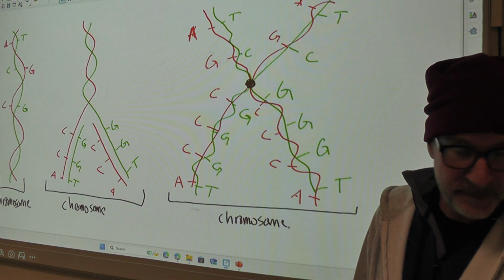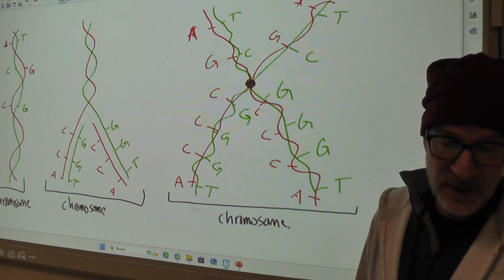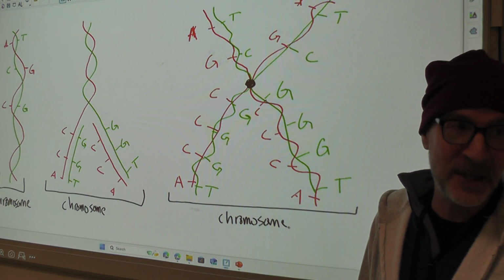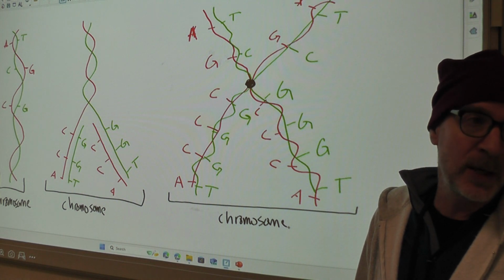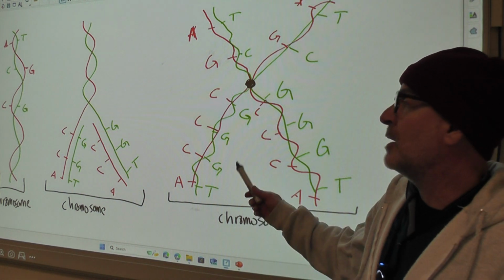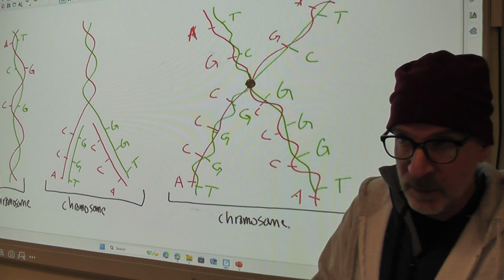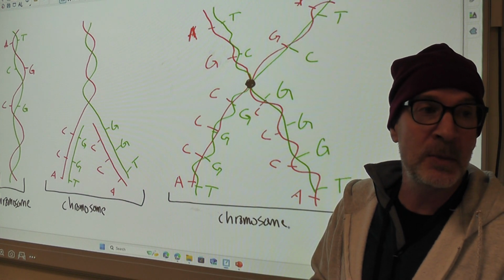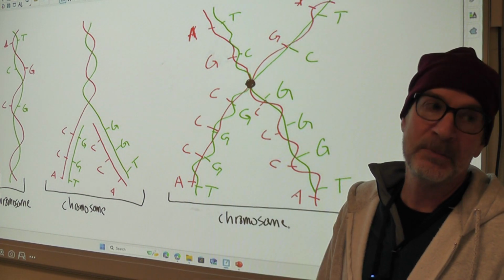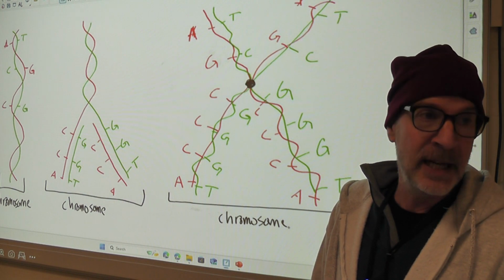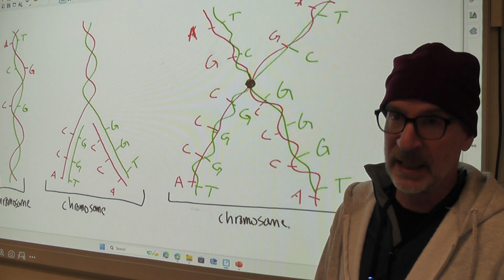Yeah? Are those like supposed to be like X and Y chromosomes? No, but that's a great question. They're not called X and Y chromosomes. There are in many organisms X and Y chromosomes. They're not named for their shape. It is a coincidence that the X chromosome is X-shaped.